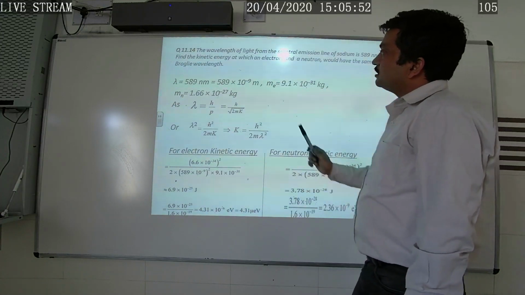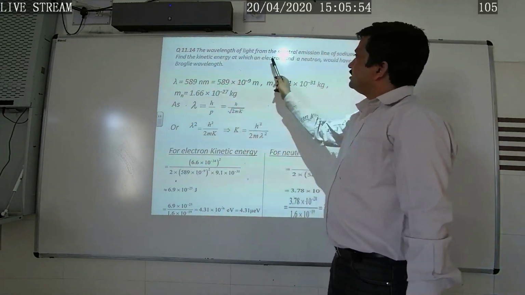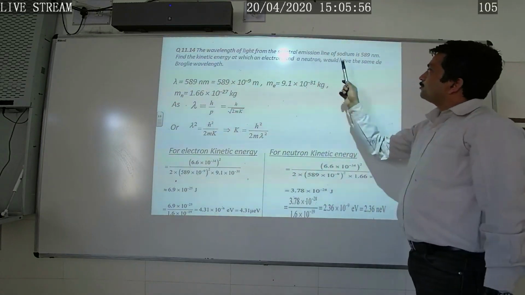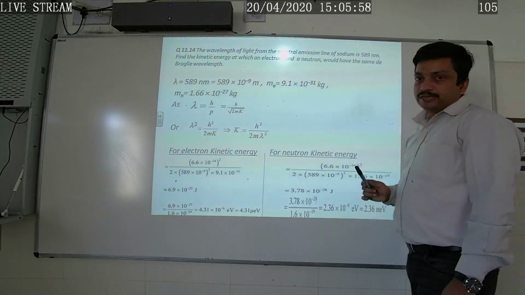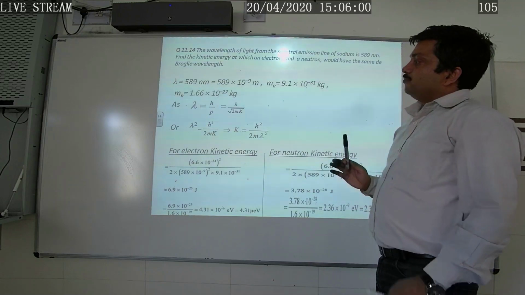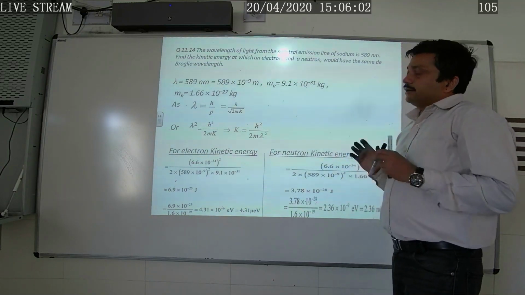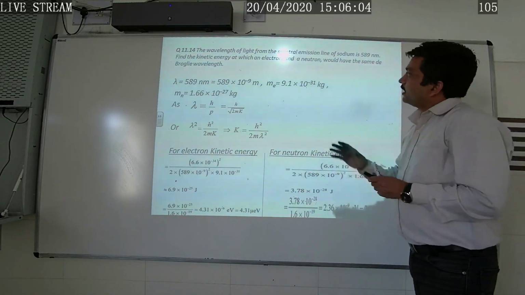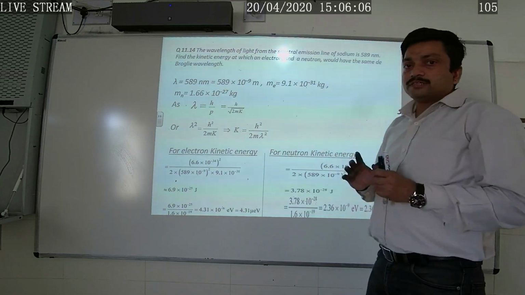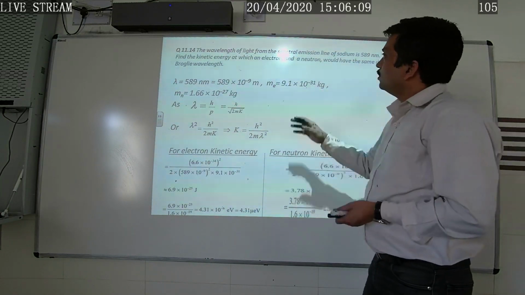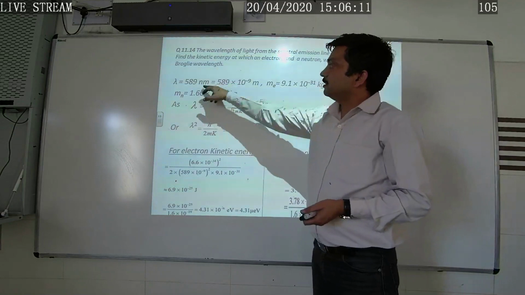The wavelength lambda is given to us. Find the kinetic energy at which the electron and neutron would have the same de Broglie wavelength. We have to find out the kinetic energy at which electron and neutron possess the same de Broglie wavelength.